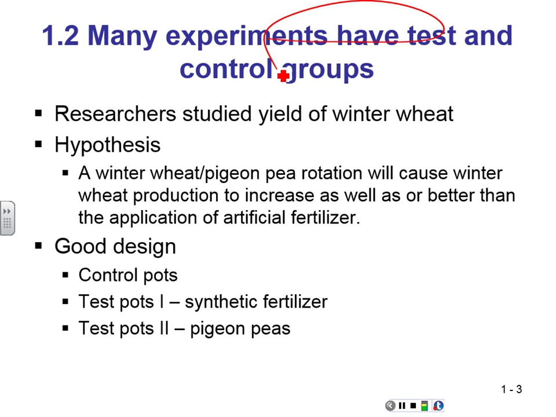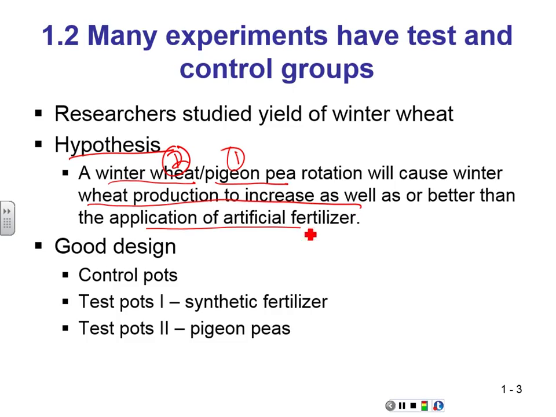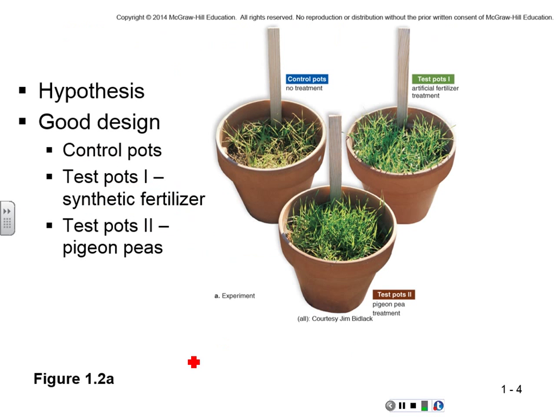So in this particular example, they're saying the hypothesis is if you take winter wheat and pigeon pea, these are plants, and you rotate the crops, you plant this one or this one first and this one second, that the wheat production will increase better than artificial fertilizer. So you're saying if you do a crop rotation, the second crop will yield more than if you just use fertilizer. So let's look at this good design that they've come up with.